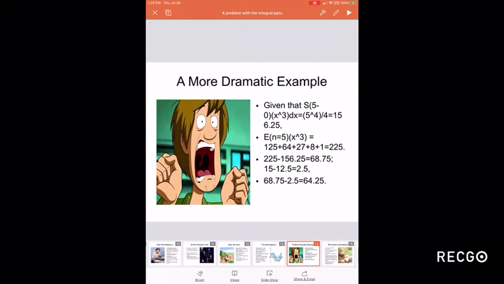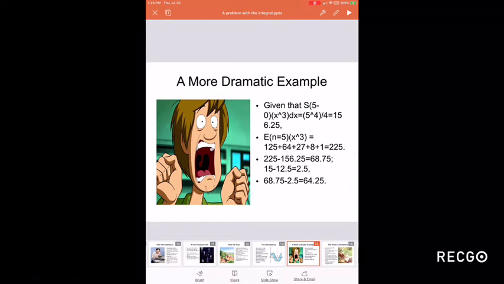A more dramatic example. Given that the integral from 0 to 5 of x cubed dx equals 5 to the fourth over 4, which equals 156.25, the sum for n equals 5 of x cubed is 225, by just counting up all the squares up to 5.